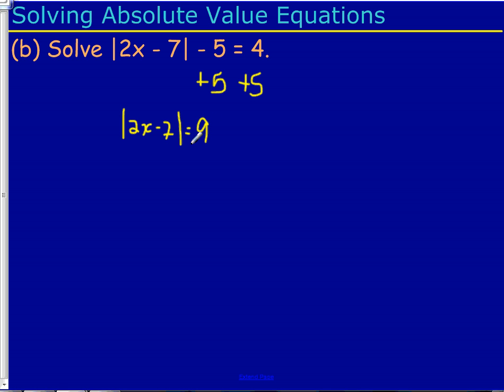All right. So what we're going to do is we're going to solve it the same way in the two different ways. We're going to do 2x minus 7 equals positive 9, and 2x minus 7 equals -9.